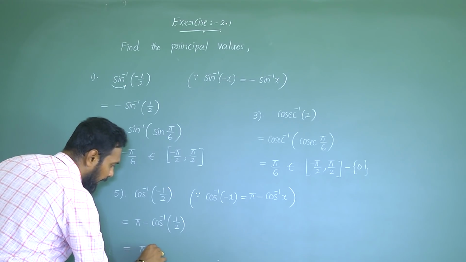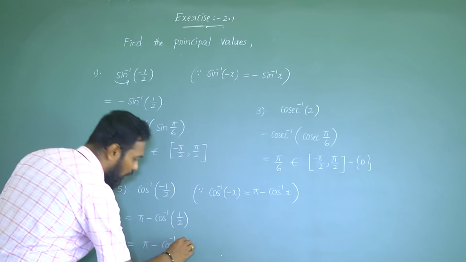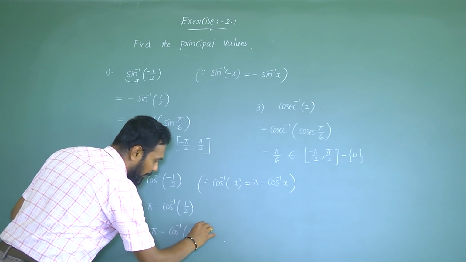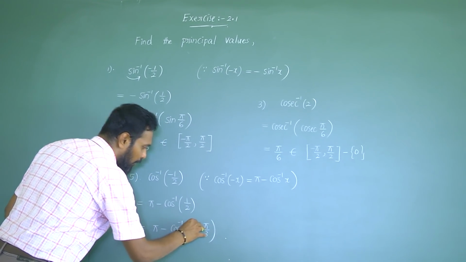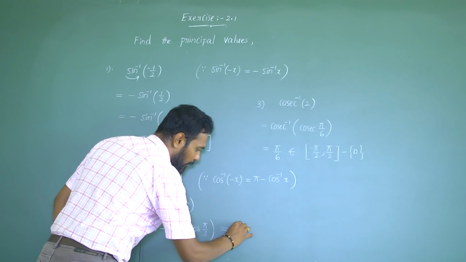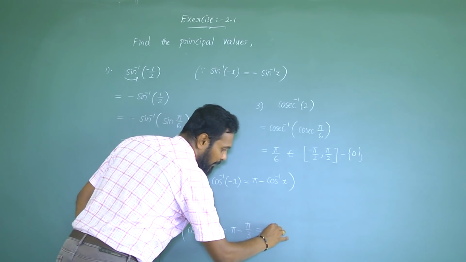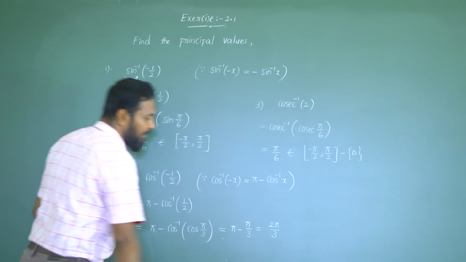Cos inverse 1 by 2 in terms of cos function, cos pi by 3. Cos inverse cos x equals x, so that pi minus pi by 3, on simplification, is 2 pi by 3.